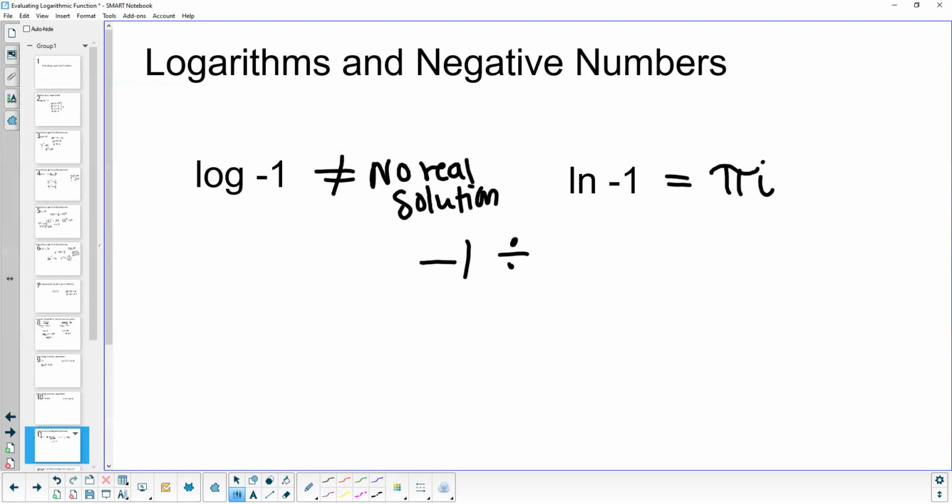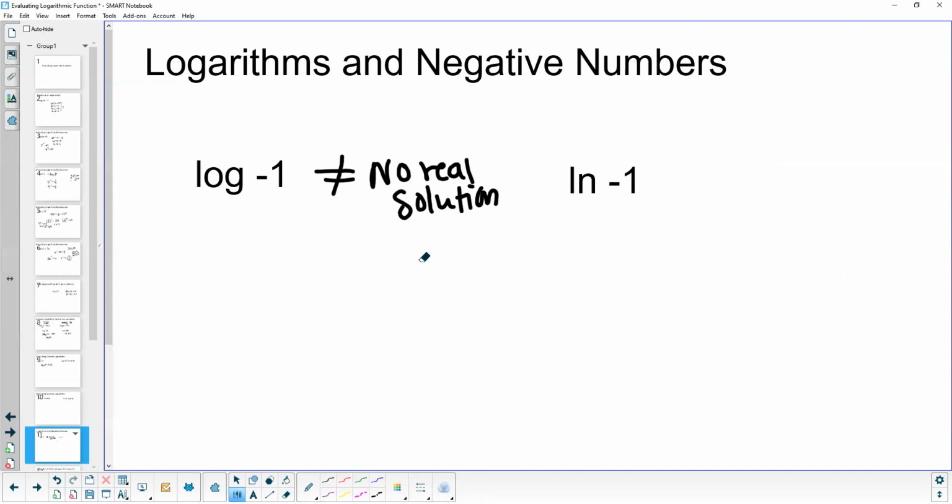And the reason why is that comes from this guy named Euler, and his equation basically says that e to the power of i pi is equal to -1. And you can explore kind of where that comes from. You see a lot in calculus where we relate it to trig functions and things like that. But that is ultimately what we're looking at there, that there's not a solution because I cannot divide a negative number and turn it into a positive. It's going to be imaginary if that's the case. And so that is kind of how those relate.